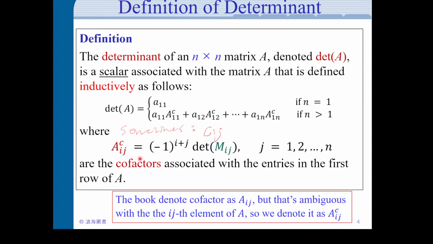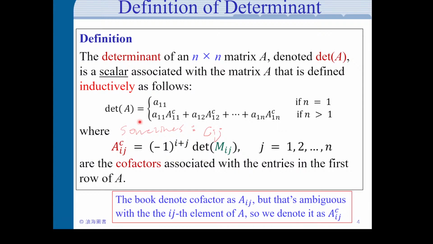How is it defined? For every ij, it's -1 to the power i plus j, so you have plus or minus 1 depending on whether i plus j is even or odd, times the determinant of a smaller matrix. This is why it is a recursive definition: the determinant of an n by n matrix is defined by how the determinant of an n-1 by n-1 matrix is calculated.